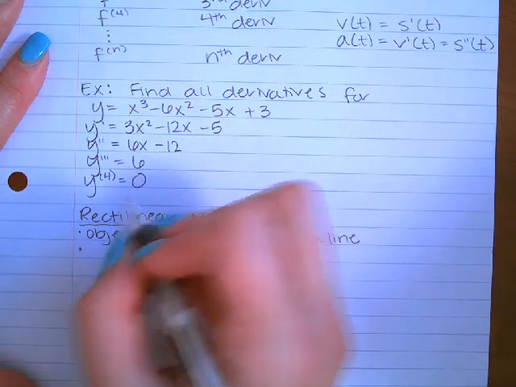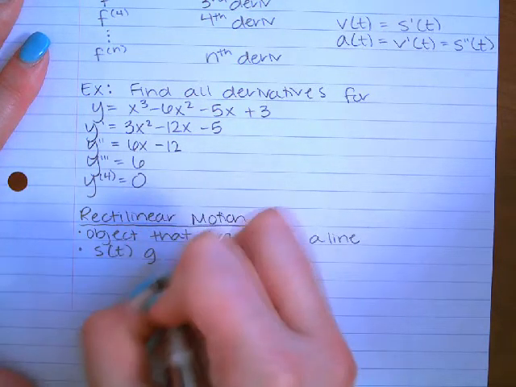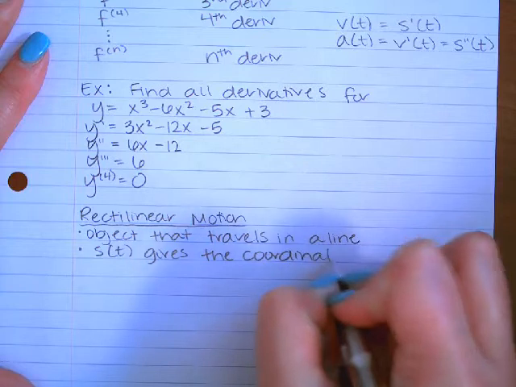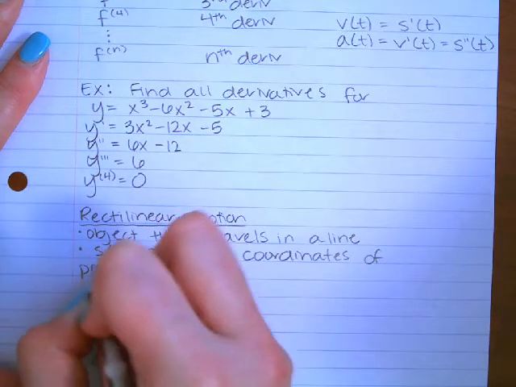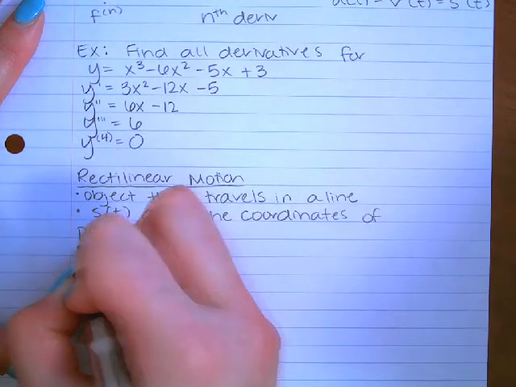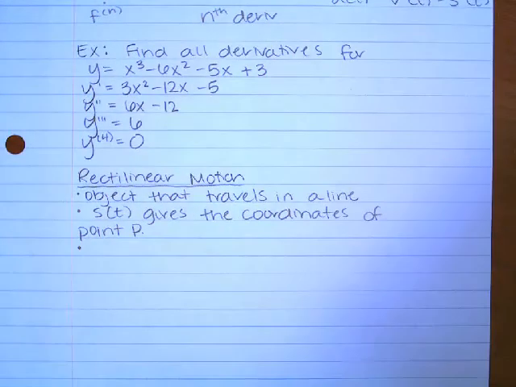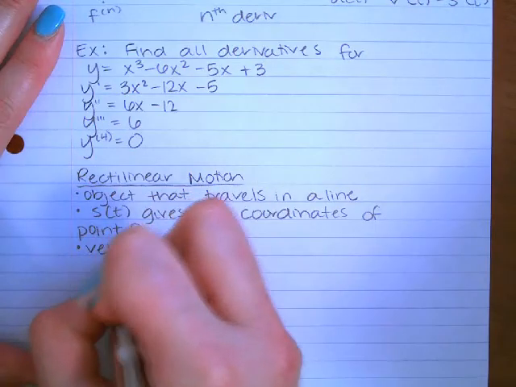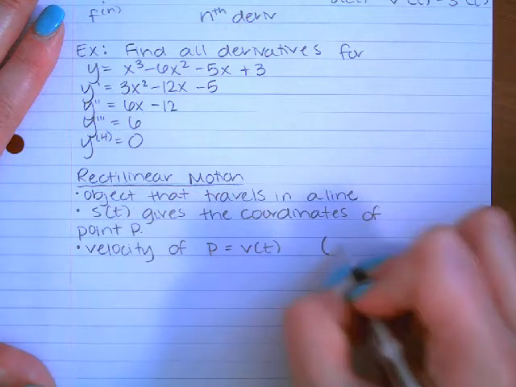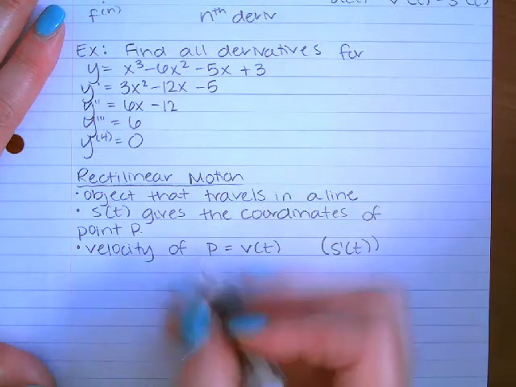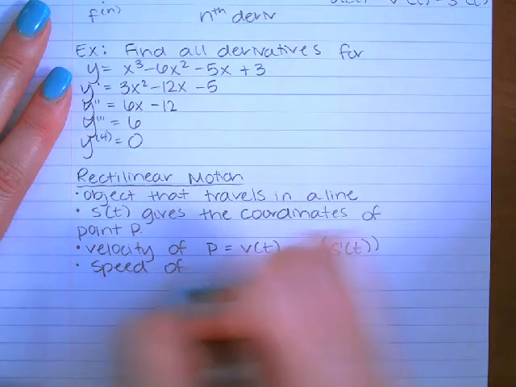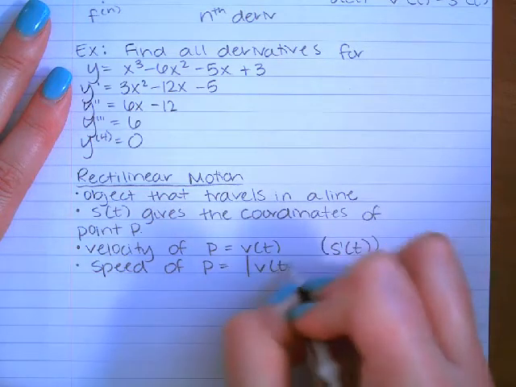S of t gives the coordinates of the point, and they often call the point P. We already said the velocity of P is v of t, and v of t is the first derivative of the position. The speed of P is the absolute value of velocity.